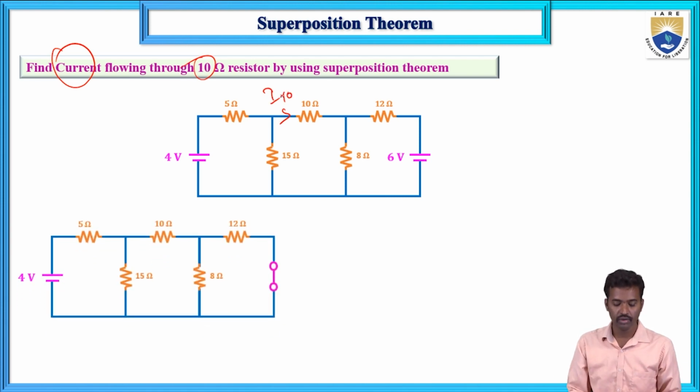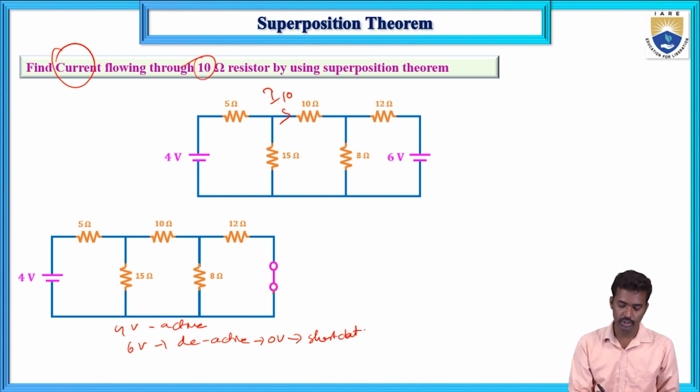Now for the individual responses: first only 4 volts is active and 6 volts is deactivated. Deactivated means the voltage value is 0, and that 0 volts is replaced by a short circuit.